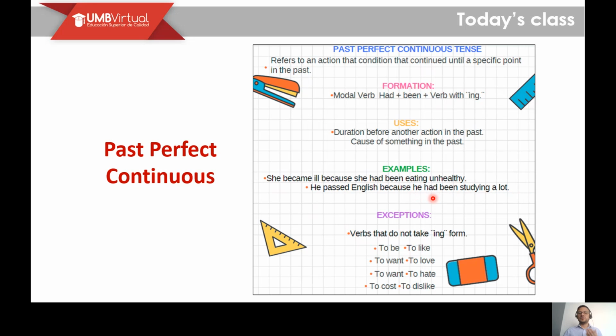In this way, it is past perfect, he had been, and continues with the verb in ing. So we use it for duration before another action in the past that caused something in the past. We have some verbs that are exceptions and we don't use the ing form, like the verb to be, to like, to want, to love, to hate, to cost, and to dislike.